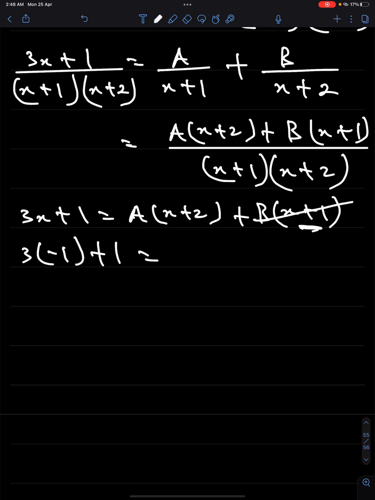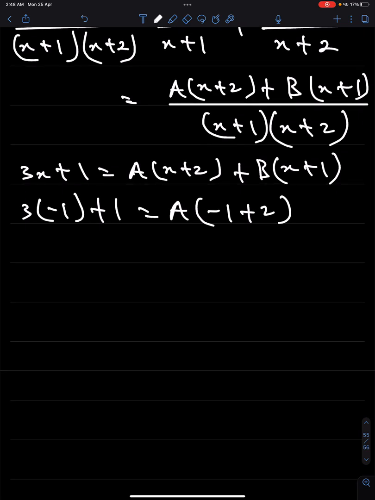So if I multiply that by b, that will be 0. And I'll be left with a into bracket minus 1 plus 2, which simply means minus 3 plus 1, that's minus 2, equals minus 1 plus 2 is 1 times a. So a equals minus 2.